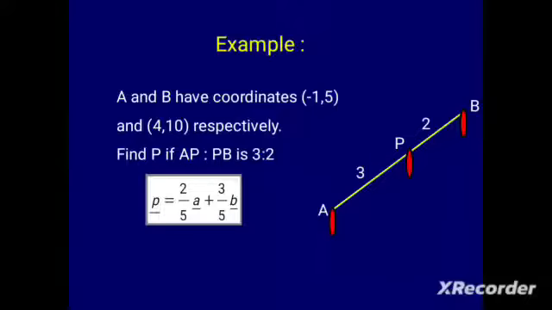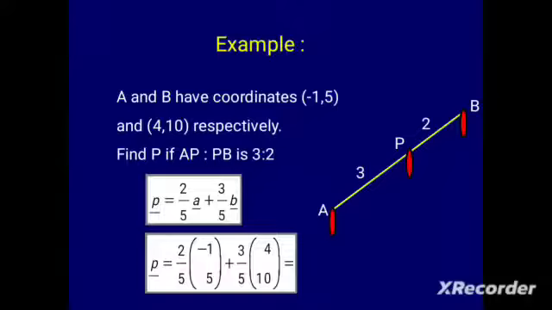You substitute in the ratio theorem, whereby we said N over M plus N of A plus M over M plus N of vector B. So 3 represents M, and 2 represents N. So we have 2 over 5 of vector A, which is (-1, 5), plus 3 over 5 of vector B, that is (4, 10).